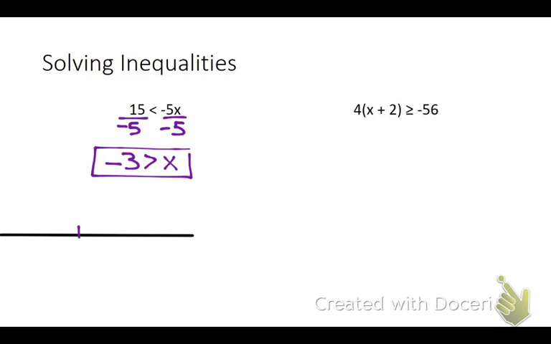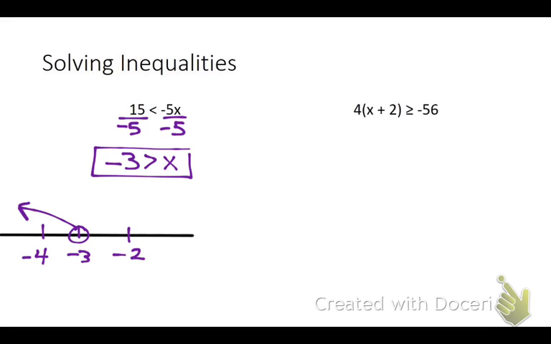X is less than negative 3. That's another area where we see a mistake happen, where we try to read that as a greater than sign. But remember, this means that all numbers must be less than negative 3 in order to make the inequality true. So the arrow needs to go left.